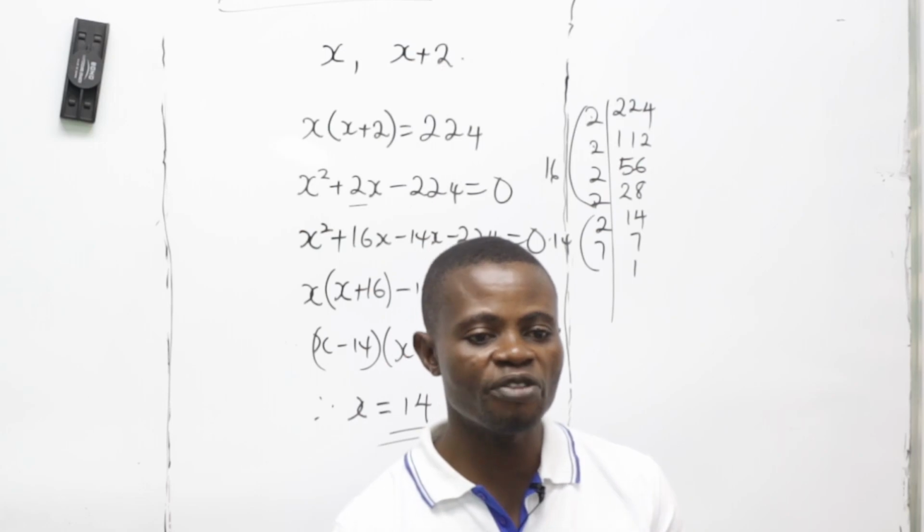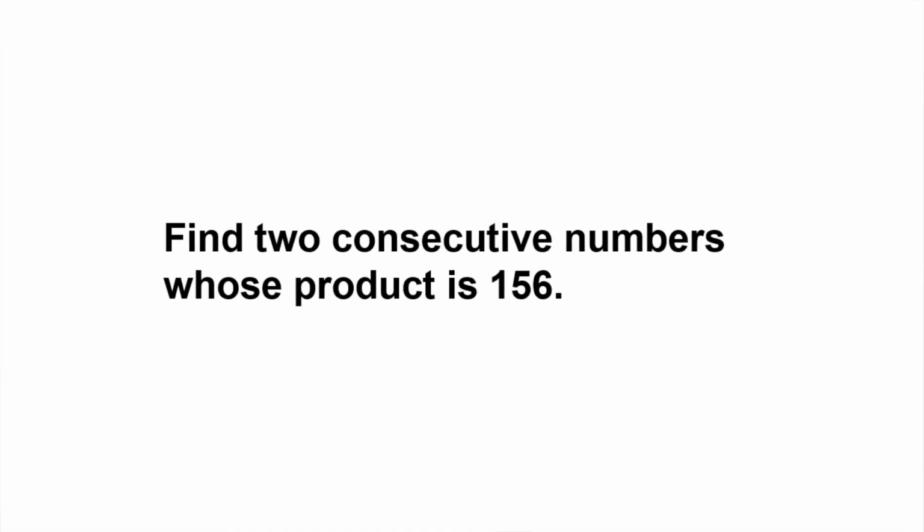See another sample. Find two consecutive numbers whose product is 156. This time around, nothing like even number or odd number. So what we did before is not going to be the same thing we're going to do now, because it is not the same question, though similar in terms of consecutive, but never similar in the addition of even or odd numbers.